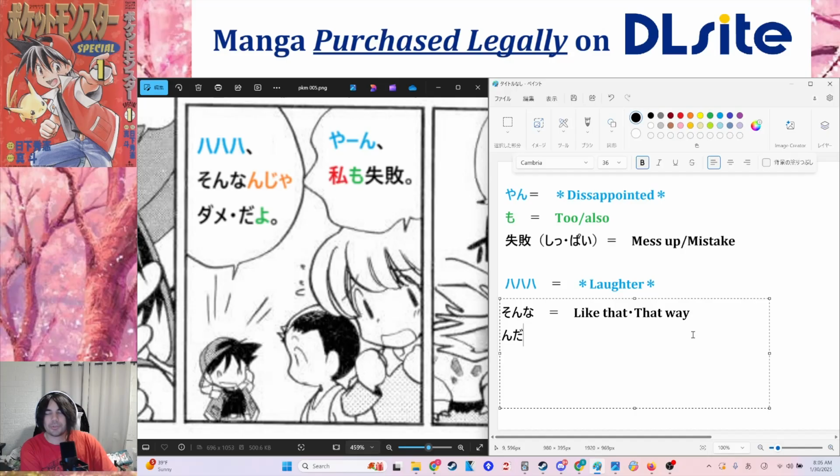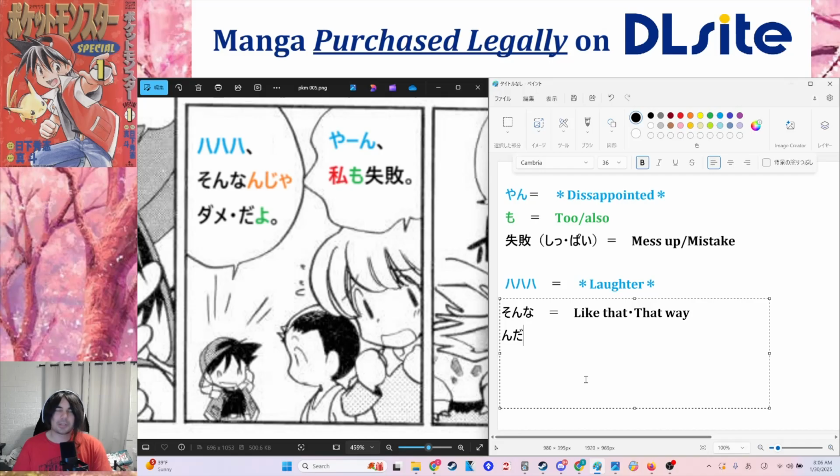Nda. So we haven't really gotten to this yet, but da, when it conjugates, turns into the sound ja. So if you've learned more formal Japanese, you may have seen something like ja arimasen. If you haven't studied Japanese before and you don't know what this is, don't worry about it. I'm only taking this concept right here. Basically, the word da, and sometimes des does this as well, turns into ja when conjugating.